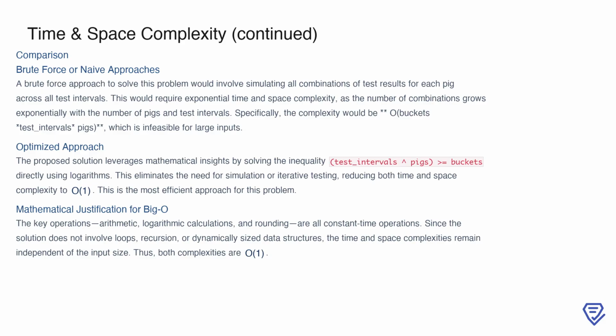In contrast, the optimized solution uses mathematical reasoning to solve the inequality test_intervals^pigs = buckets. By leveraging logarithmic calculations, it avoids simulation entirely and operates in constant time and space, O(1). The efficiency comes from the fact that arithmetic, logarithmic operations, and rounding are all constant time operations. With no loops, recursion, or dynamically sized data structures, this approach maintains constant complexity regardless of input size, making it the most efficient and scalable solution to the problem.